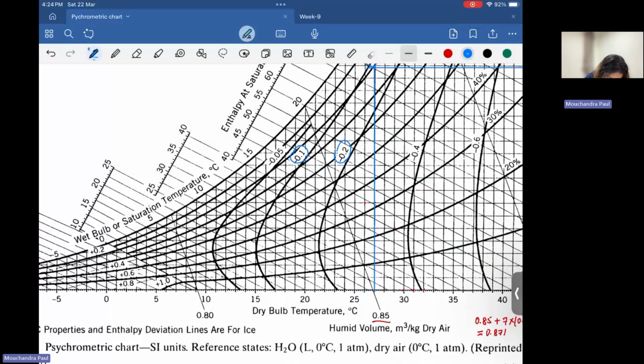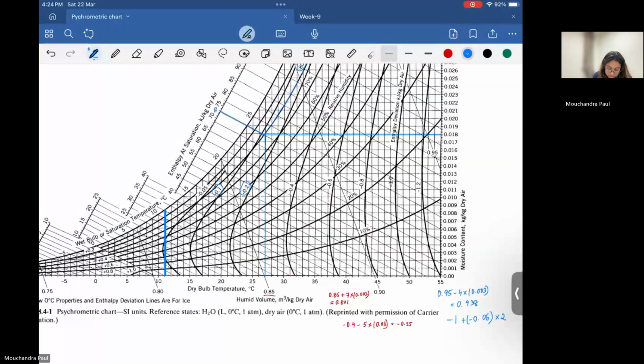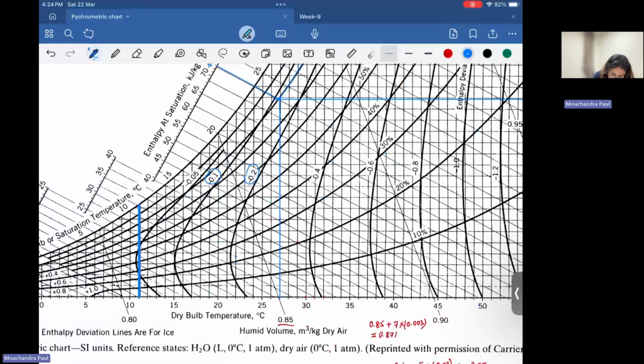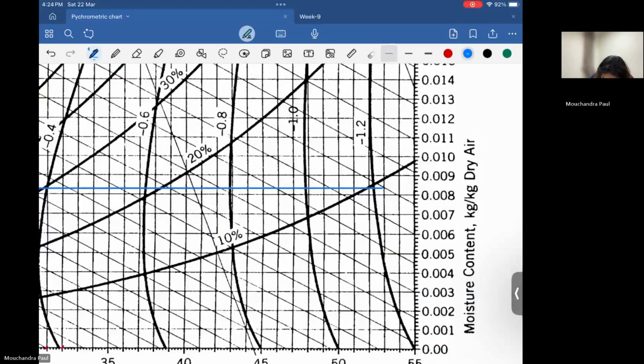So this is the line for 11 degrees Celsius. And HA corresponds to close to 0.0085.